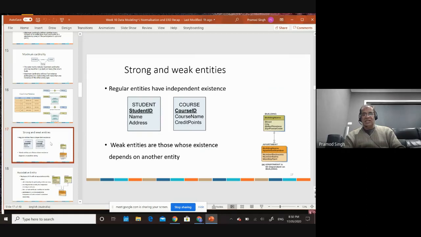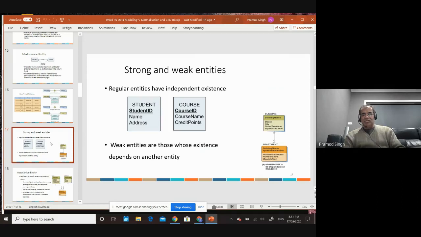So you can see in the right hand side diagram, building is quite important for the apartment entity. Apartment can be a part of a building, but without building, apartment cannot exist. So that's why apartment is a weak entity, and that is shown with the solid line between building and apartment.